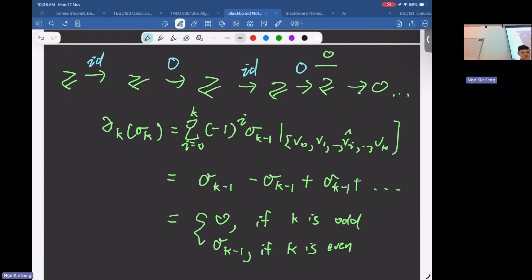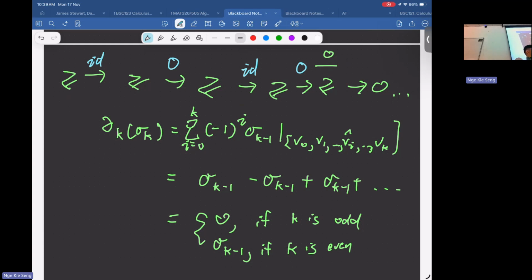Okay, so in this case, what's the homology here? So the kernel is either 0 or Z. But the place with kernel Z is quotiented by the image before.